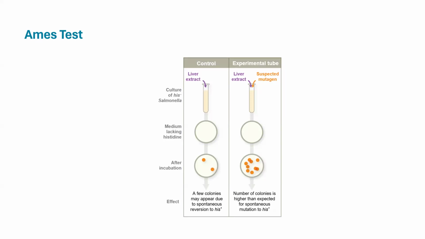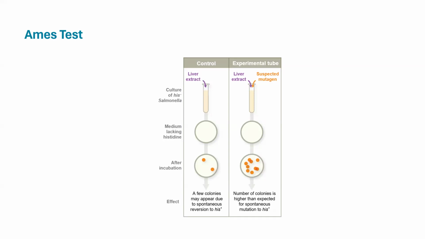And so you can test whether or not something is a mutagen using this Ames test, because what you do is you take your control, which is what we just described, and you count how many spontaneous mutations you have. And then you do the whole experiment over, but in addition to the histidine negative salmonella, you add your mutagen.